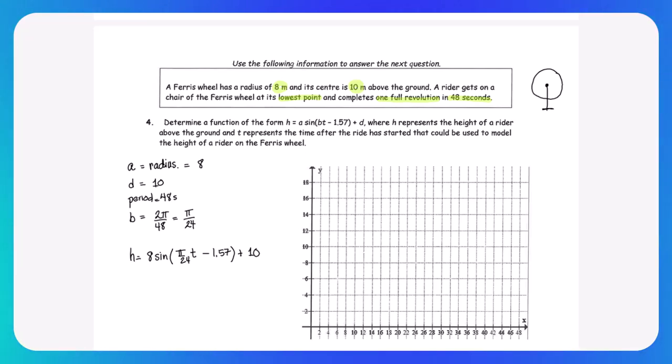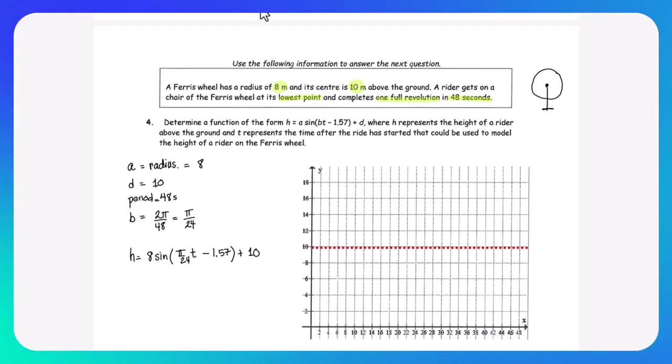And if we wanted to graph this thing, we know that it takes 1 full revolution in 48 seconds. So let's put some lines in again for our median, maximum, and minimum values. The D value is at 10, so we got that line there. The maximum is going to be our median value, which is 10, plus our amplitude value, which is 8.